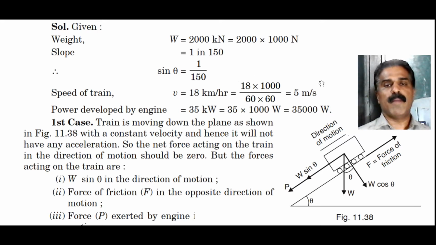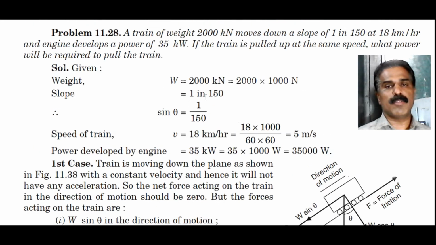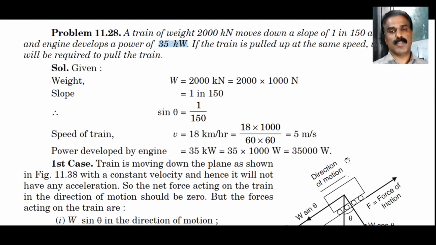When you simplify this, you will get 5 meter per second as the velocity. Then the power developed by the engine is given in the question as 35 kilowatts, which is equal to 35 into 1000 watts, that is 35,000 watts.